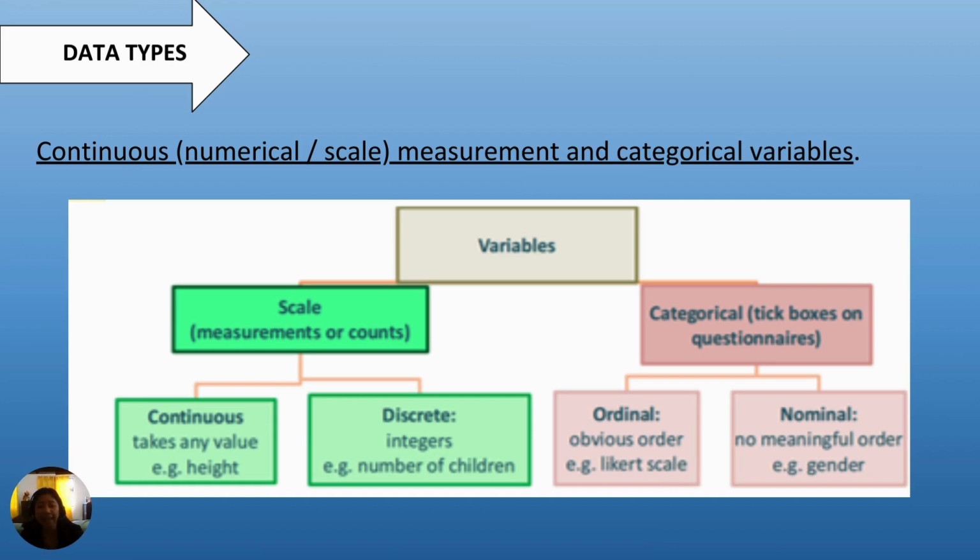So you can't calculate actually an average from this kind of data. Under categorical variables, we also have two types. We have ordinal variables, and we also have nominal variables.